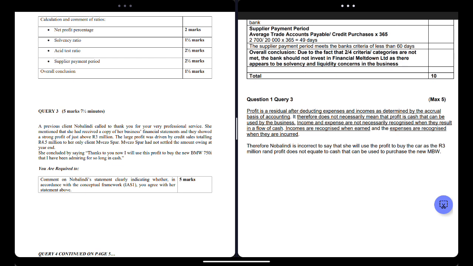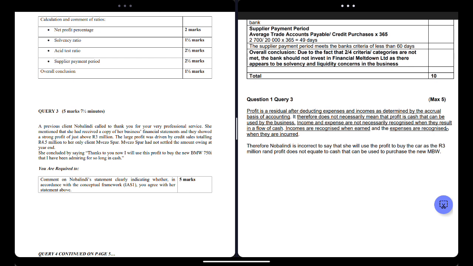Yes, it's accruals, I was right. That's number one, you get a mark. Then you have to explain why you disagree: it does not necessarily mean that the profit is cash that can be used by the business. 100%, the net profit that a business makes is not necessarily cash.